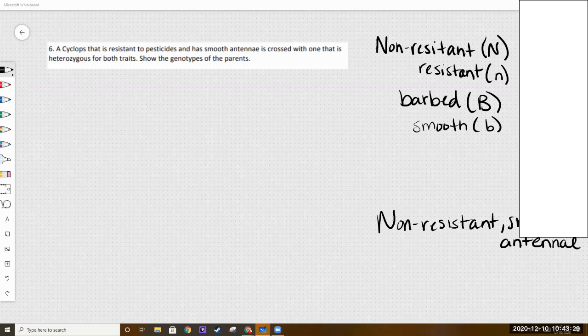But let's see, Kayla, will you tell me, we'll make the first guy this guy. We'll make him the male. Okay, this one. Yep. Will you tell me what his genotype is, Kayla?